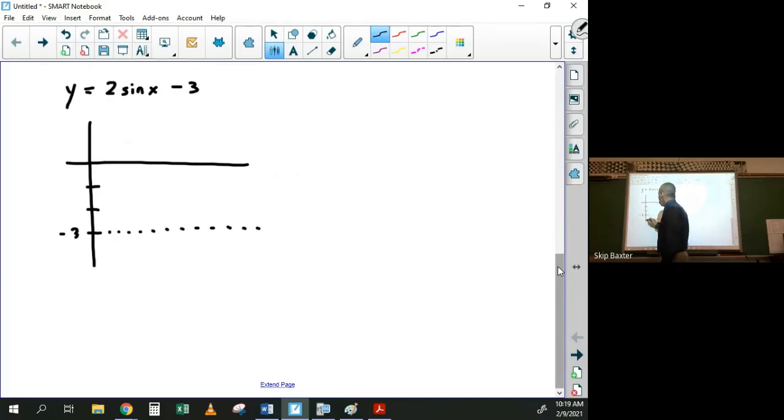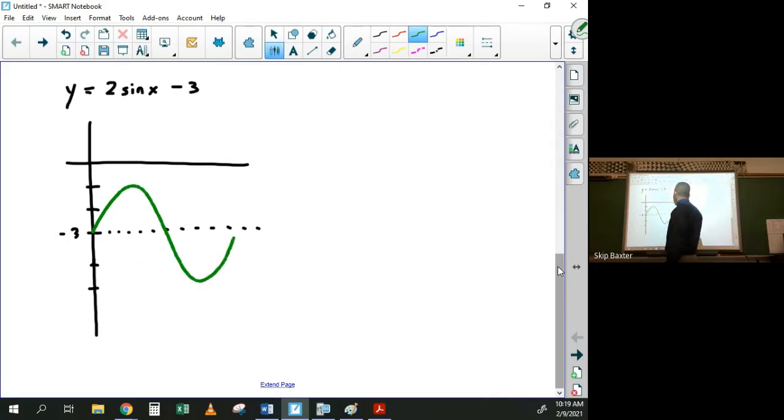And then the amplitude would be 2. So it's just going to go up 2 above that midline and down 2 below the midline. So this would look like this. Just like a sine graph, but twice as tall as normal and shifted down 3 units. Looks like that.